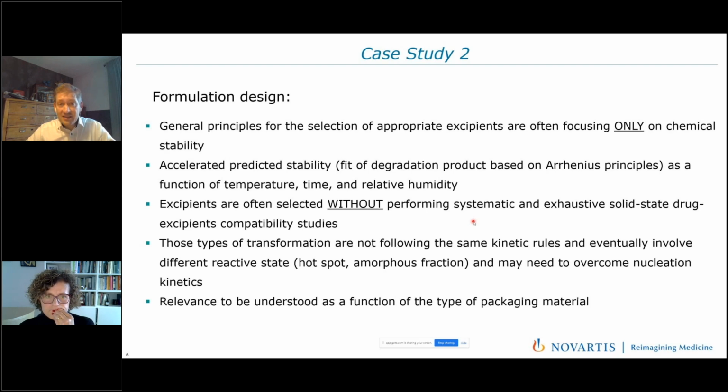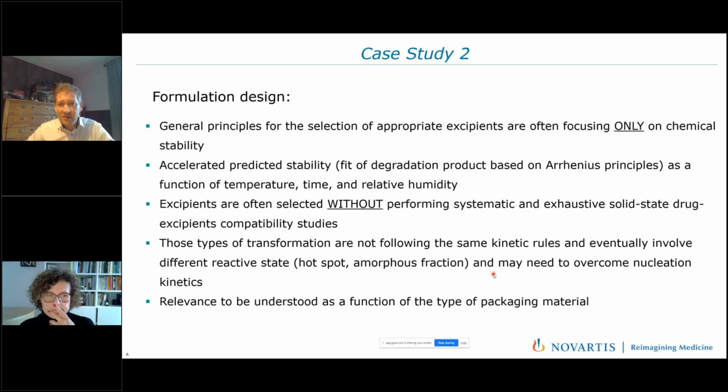But nevertheless, there is certainly a need to identify physical incompatibility between the drug and the excipient. And one of the challenges that we are facing again as solid-state chemists is that those types of reactions do not follow the same kinetic rules.